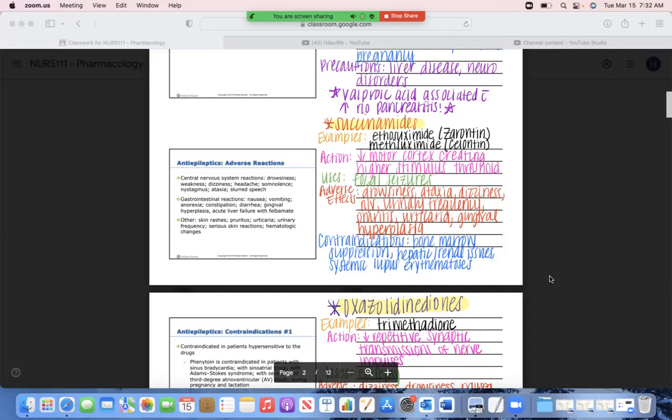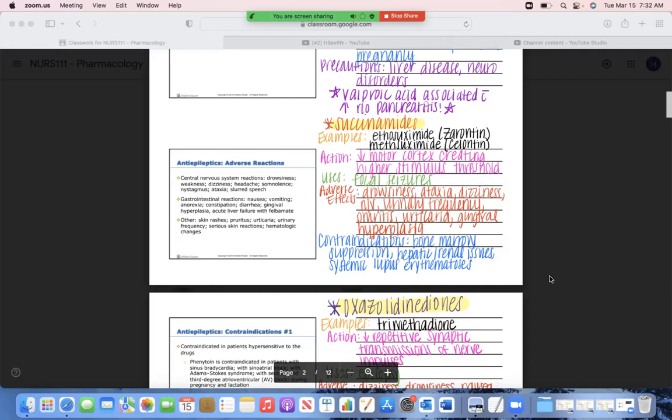So you're not going to be as sensitive to having a seizure. Focal seizures, which are specific to one area of the brain, that's what we're going to use succinamides for, focal seizures.